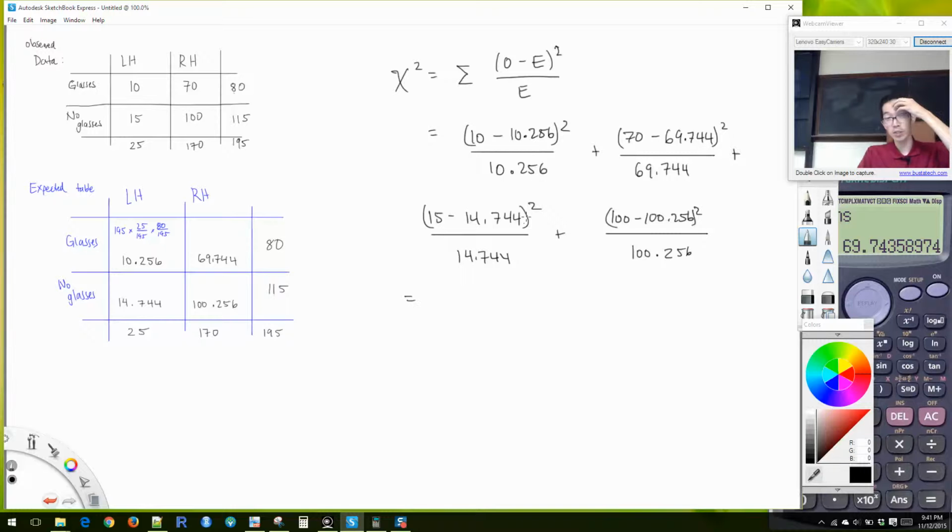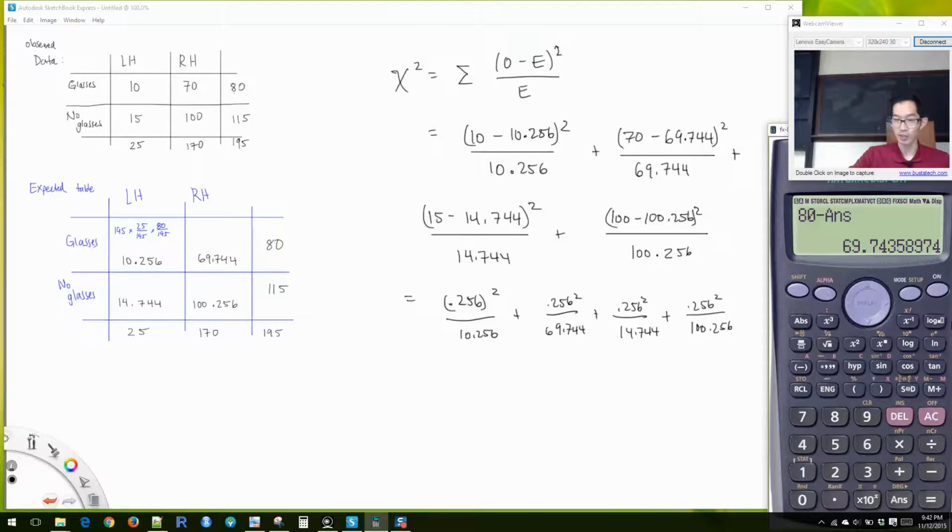So in our case, our numerators are all going to be 0.256 quantity squared. The denominators are all different. Okay, but anyway, we do this and we get a chi-squared statistic. It's going to be fantastically small, but I'll go ahead and do the math here.